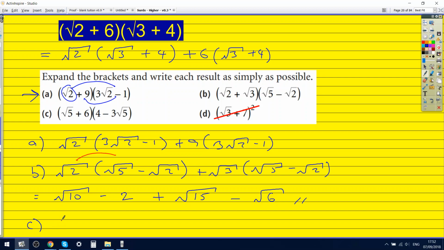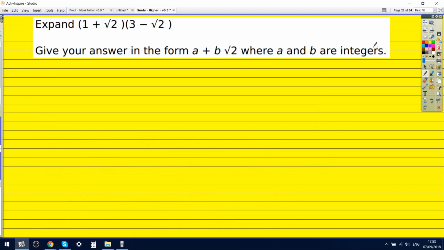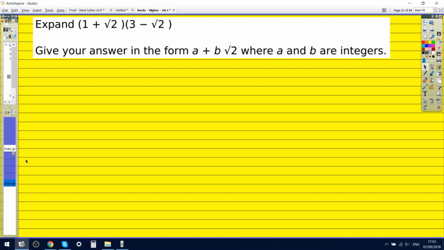You need to do root 5 and then bracket 4 minus 3 root 5, and then 6 in bracket 4 minus 3 root 5. That's it. And then you just expand the two brackets after that. Okay, exam question. Let's try it.